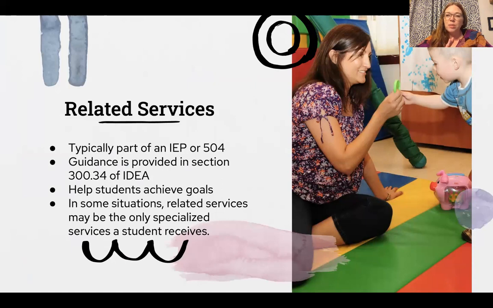But related service personnel help students achieve their goals. In some situations, related services actually are the special service that a student receives. So maybe they're not receiving services from an intervention specialist. Maybe they are receiving speech language pathology services as a standalone service, and they're not actually receiving any additional special education services.